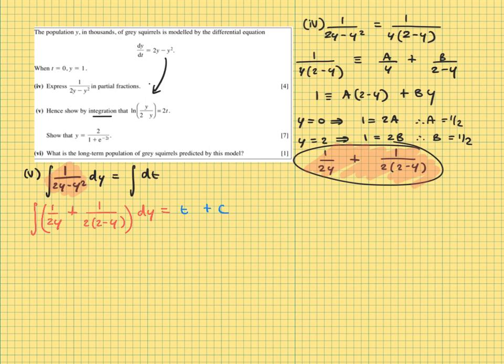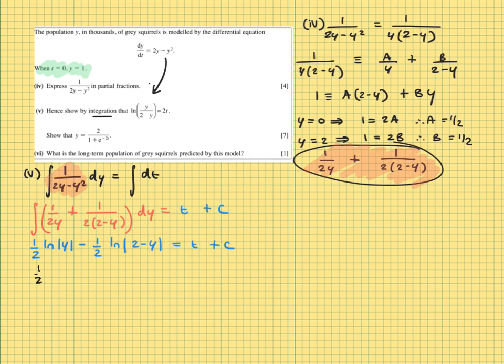Now, let's integrate the left-hand side. So I get a half ln mod y, and then minus a half ln mod 2 take away y equals t plus c. I want to substitute in these initial conditions here before we do anything further. So when t equals 0, y equals 1.